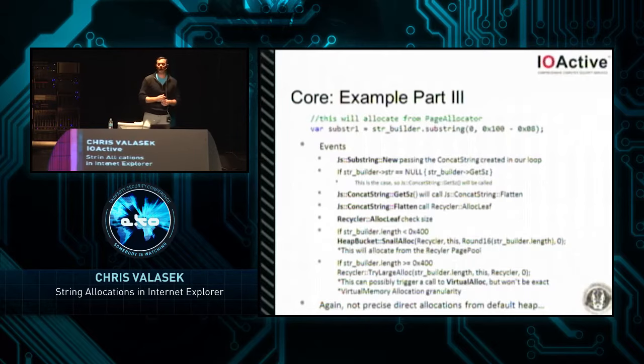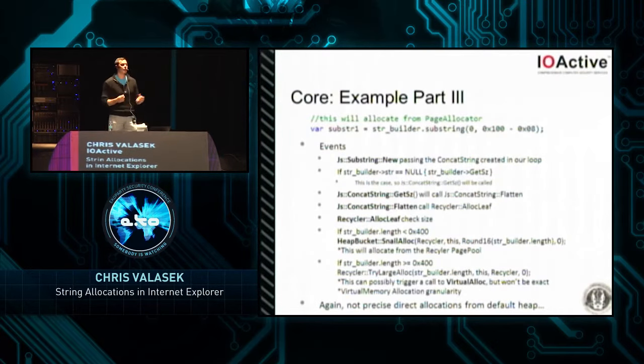But again, you're not going to have complete precision because it's going to try to allocate way more memory than it actually needs in case this operation happens again in the near future. So while you can cause a direct allocation, it's not the exact size that you want. So I think when people would show screenshots of a heap spray working, in reality, yeah, their memory was allocated, but the amount of memory they got wasn't exactly what they were looking for. And you want to be precise when you're writing exploits. You don't want to just hope that they work.